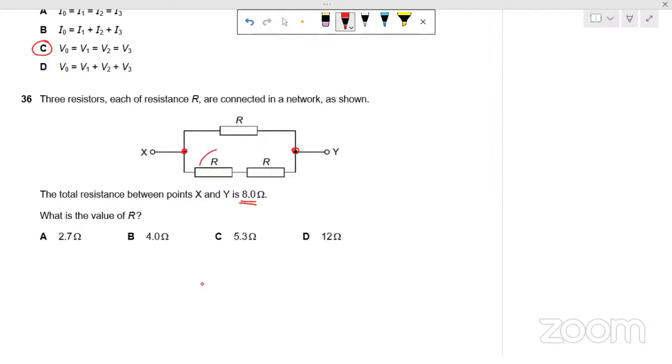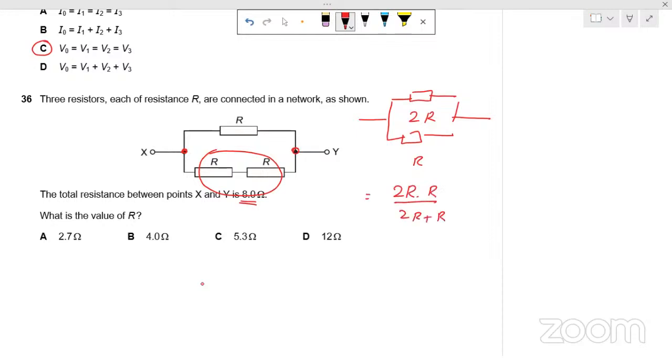These two resistors are connected in series. So the resistance is 2R. This 2R resistance will be connected in parallel with this resistor R. So their total resistance will be the product, 2R times R divided by 2R plus R. This is total resistance between X and Y, which is equal to 8, and that is 2R square divided by 3R.